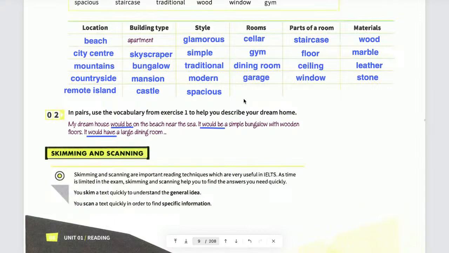Ngọc Anh. In my dream house, near the beach, I would build a castle from stone and use marble to make the floors. It would have two floors. On the first floor, there would be a big living room, and next to that the kitchen and dining room.